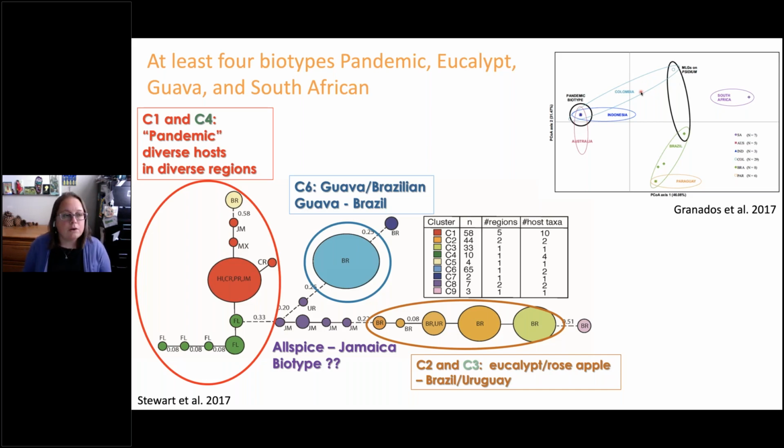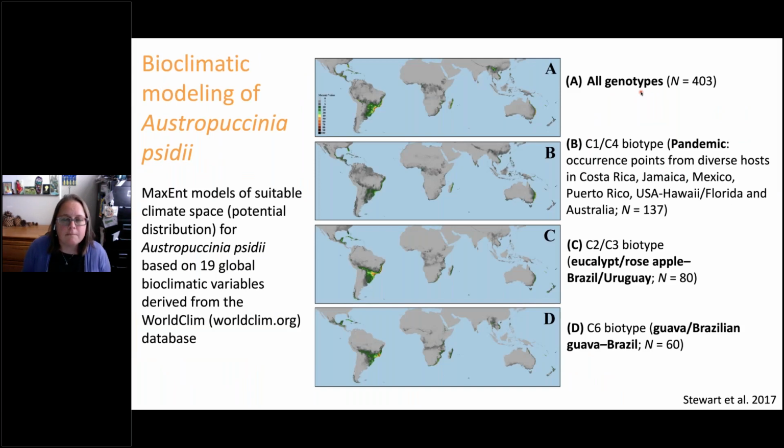We also wanted to look at whether or not there's differences in the ecology of these different biotypes. So we know that there's probably some differentiation in host specialization, but we also wanted to look at climate space. So this is looking at suitable climate space across the different biotypes. This is using maximum entropy modeling.